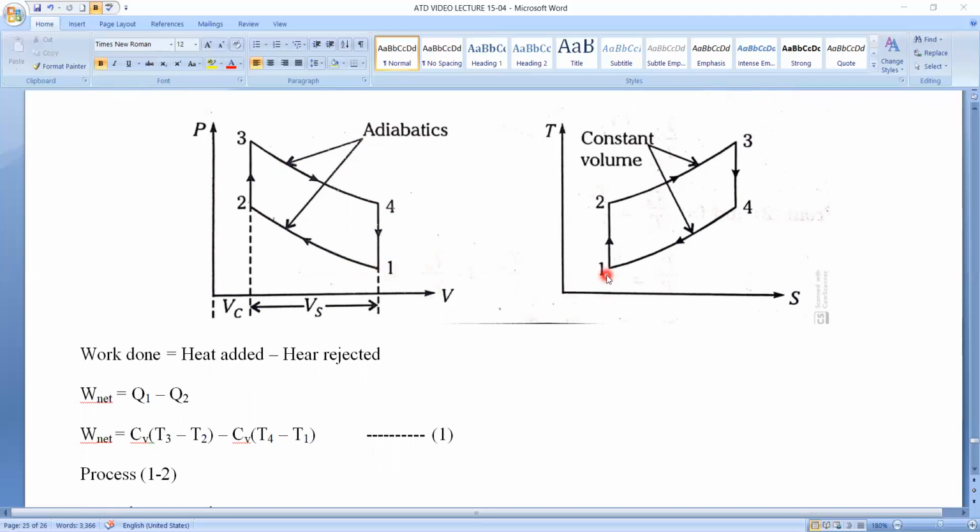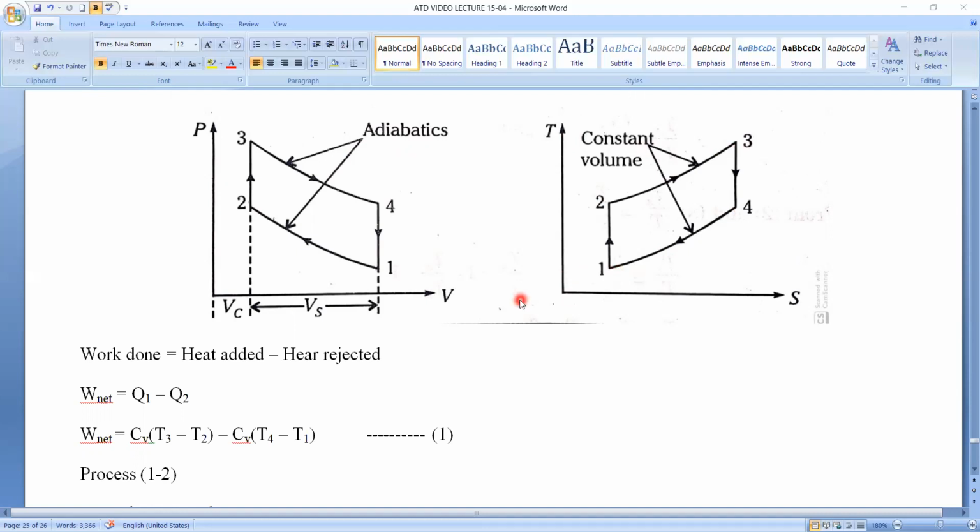Similarly, on the TS coordinates, 1 to 2 is adiabatic compression, 2 to 3 is constant volume heat addition, 3 to 4 is adiabatic expansion, 4 to 1 is constant volume heat rejection. If you consider the TS diagram, T3 is the maximum temperature limit and T1 is the lower or minimum temperature limit. So we have to obtain the final equation in terms of T3 and T1 only.